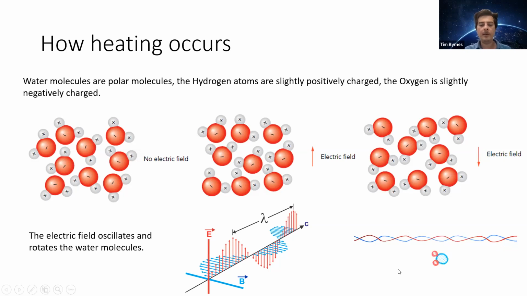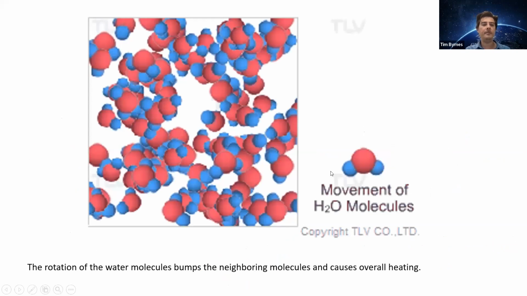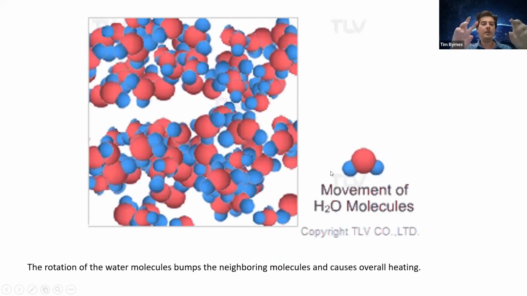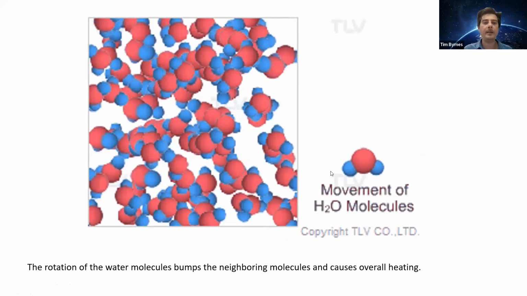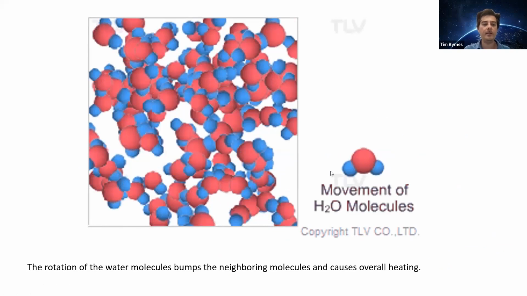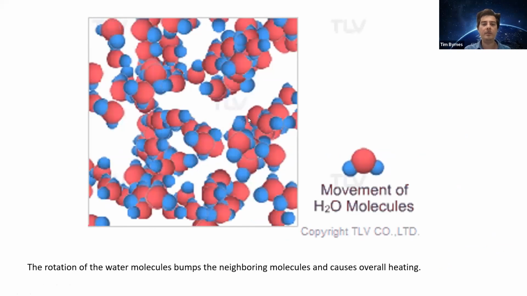So when you apply your microwave, just like in this little cartoon here, the microwave comes in and your water molecules all start spinning. But you don't want them just to be spinning. You want them to be all jiggling about. If you're talking about something that's hot, this kind of animation is more like what it's supposed to look like.